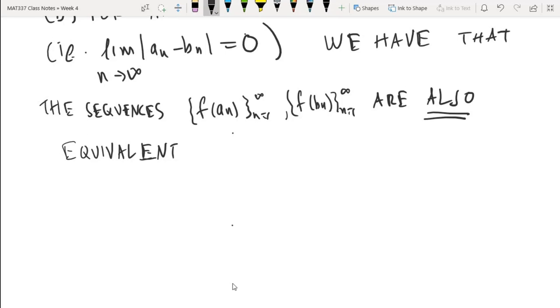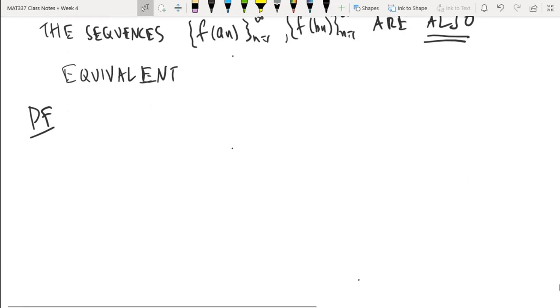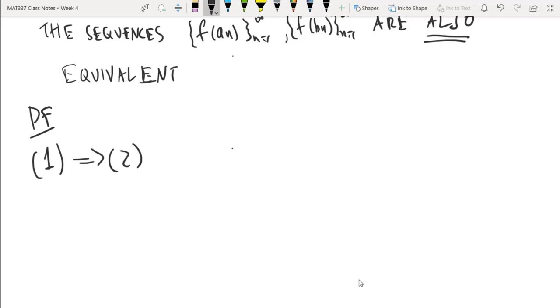Yeah, I will prove this. You can read the examples, and I will do an example after. All right. So which direction? Let's do uniform continuity implies equivalent sequences.